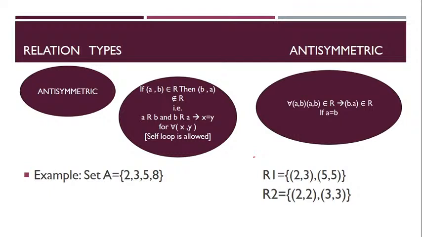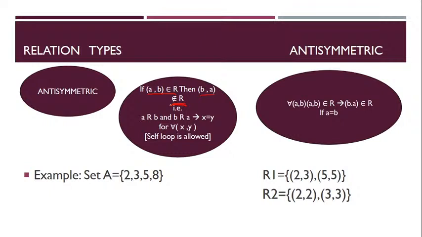No bidirectional edge means that if AB is present in your relation, BA must not be there. And that is the property we have mentioned here. If AB is present in your relation, then BA does not belong to R. BA must not be there in your relation.